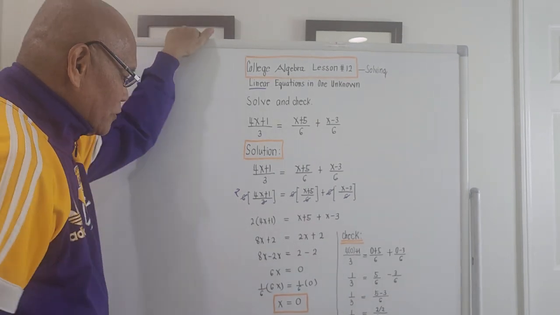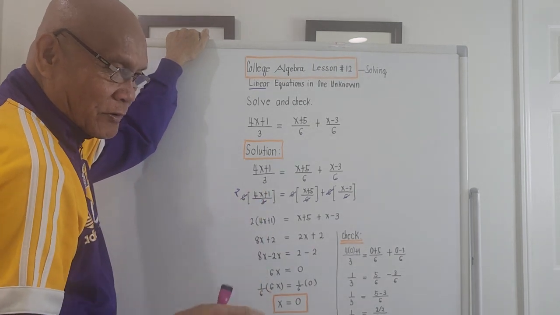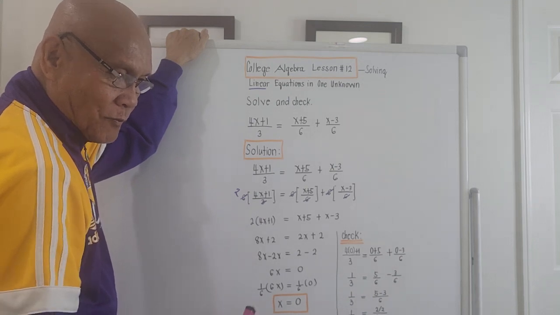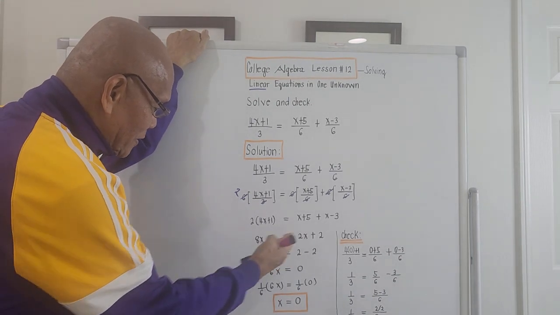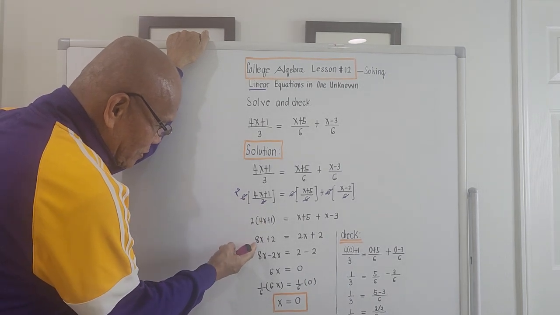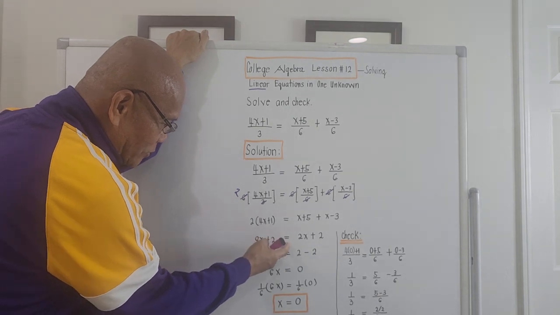Next, simplification. The left hand side, we need to distribute. So we will be using the so-called distributive law of simplification. So expanding or distributing, 2 times 4x will be 8x, 2 times 1 will be plus 2, equal to.